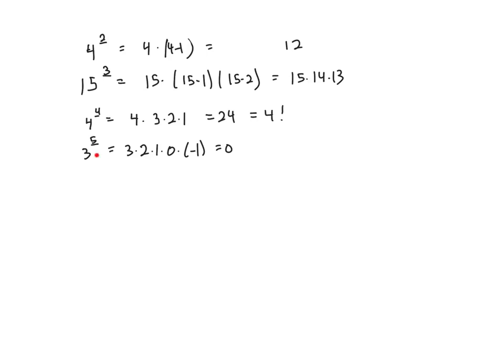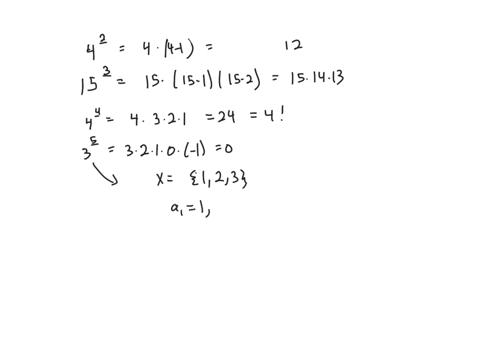One final calculation: what if you do 3 falling 5? According to this formula, it's 3 times 2 times 1 times 0 times negative 1. If you multiply anything by 0, you get 0, which should make sense here, because in terms of permutations, you've got 3 letters and you want a sequence of length 5. For instance, if my set is {1, 2, 3}, I have to pick a_1.